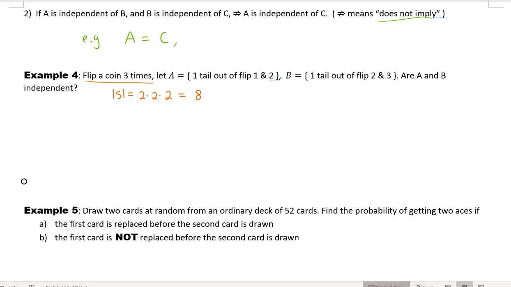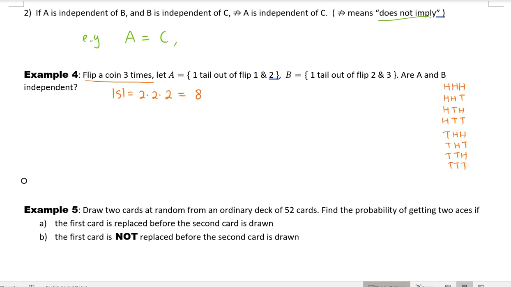So in total we have 8 outcomes. If you want to list all the outcomes, they are head, head, head, then head, head, tail, and so on, and then the first one changed to tail. So these are the 8 outcomes.